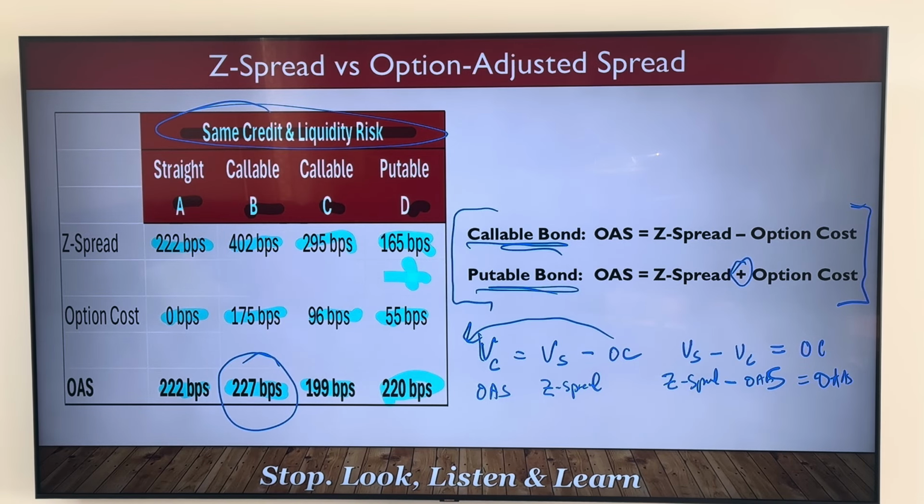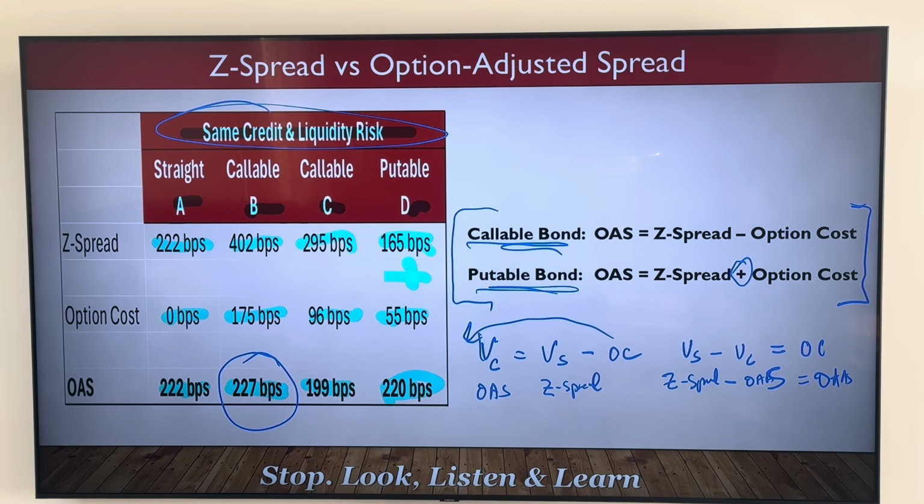So that's one way to think of it. So hopefully this clears up some of the confusion with respect to option adjusted spreads and Z spreads. And just remember that the difference between the two is that the Z spread is the compensation that you're getting for assuming credit and liquidity risk over and above that which you would have if you invested in a risk-free bond.